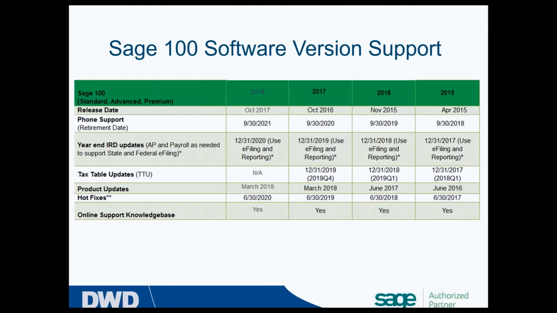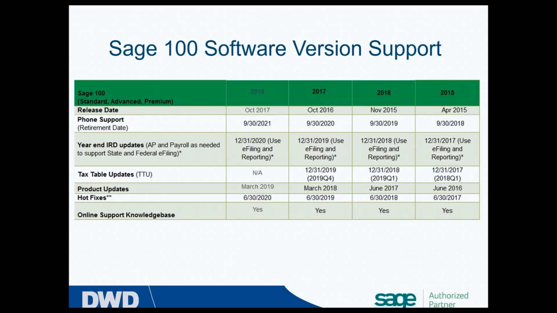And the three prior versions, 2017, 16, and 15, those are the only valid supported versions that Sage technically will work with. And these are the only versions for which updates have been made available, especially when it comes to year-end processing.